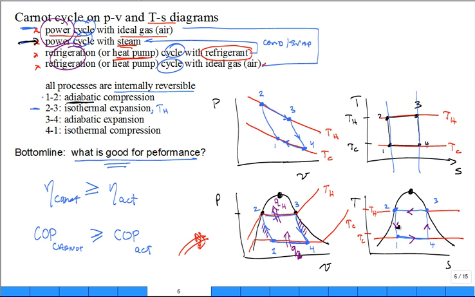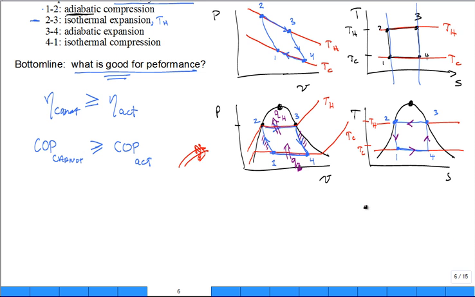So if I wanted to redraw it, I hate to scoot down, but let me draw it straight down. Let's say I want to draw a TS diagram for a fluid that's undergoing phase change. From 1 to 2, what's happening?